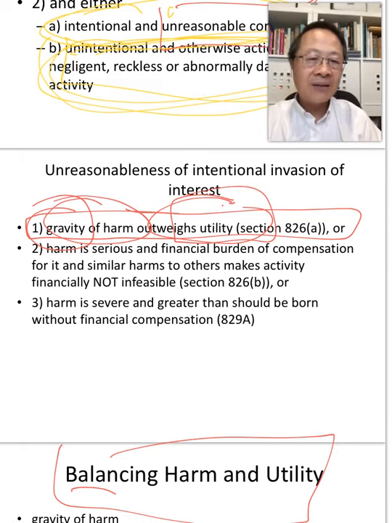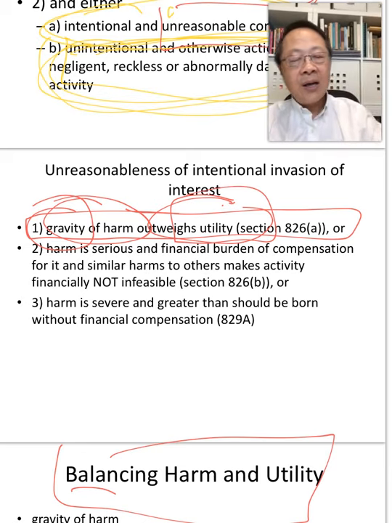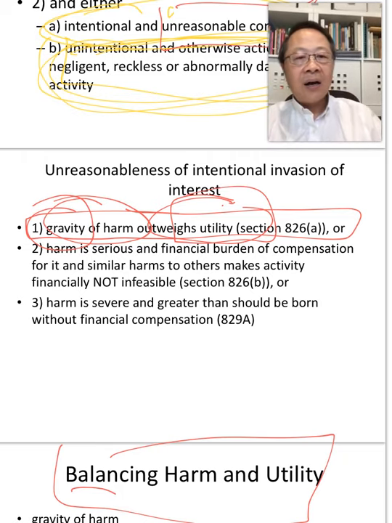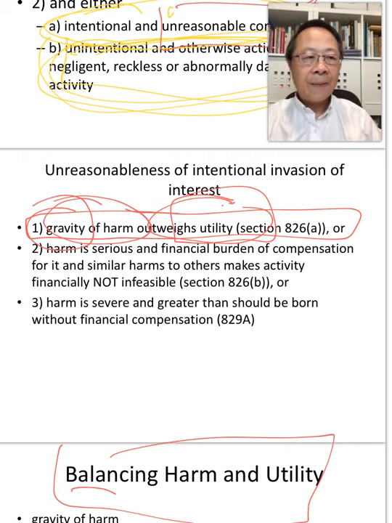So it's essentially a balancing between those two parties, right? The person who's harmed and the person who causes the harm. And if the value of the activity that causes the harm outweighs the harm that the person who claims the nuisance, who suffers the nuisance, then unfortunately it's not an unreasonable nuisance, right?